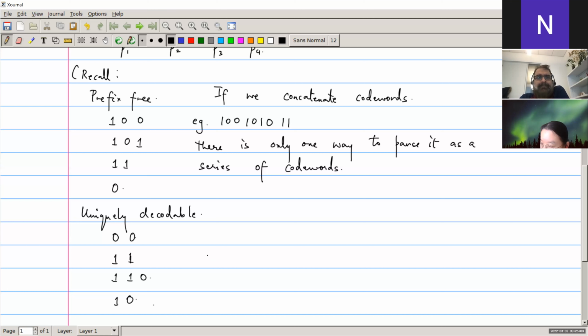The only worry is what happens when you see a string of zeros. When you see a string of zeros, that cannot come from any of these. So that resolves what happens when you see strings of zeros.